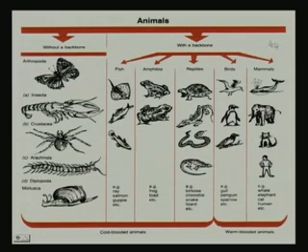Now, once again the entire animal kingdom can be divided into 2 major groups depending upon certain characters. The groups from non-chordates up to reptiles are called cold-blooded animals, and birds and mammals are considered warm-blooded animals.